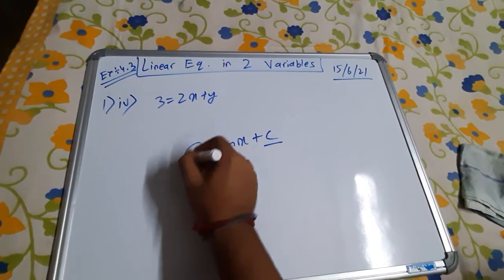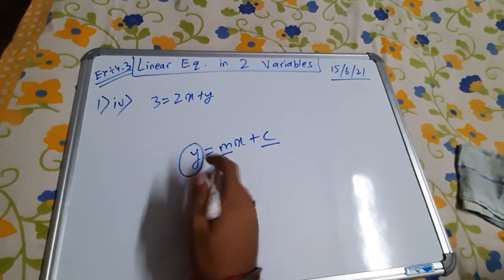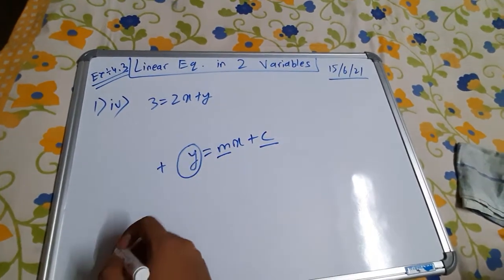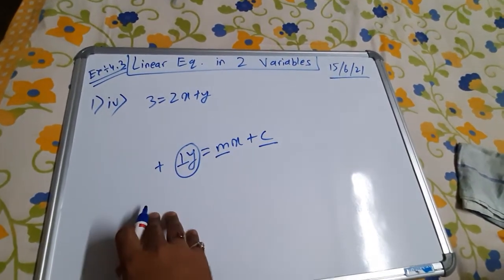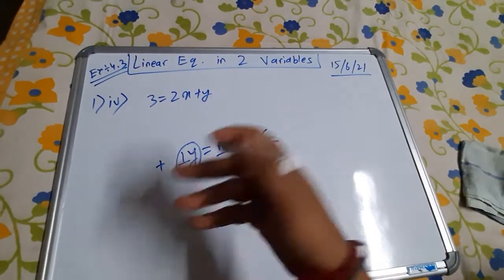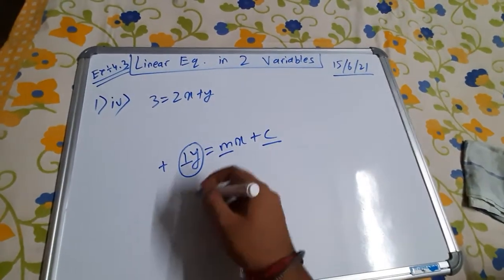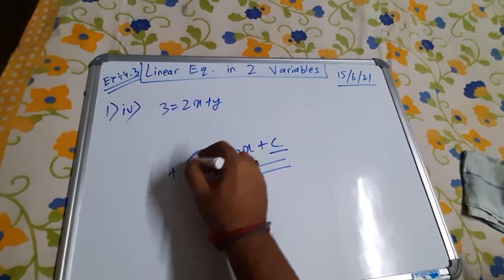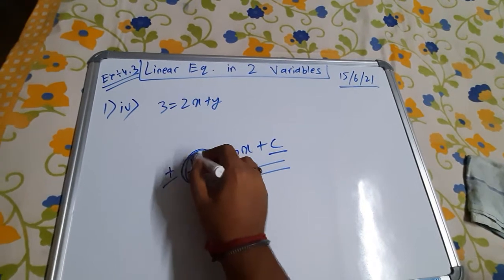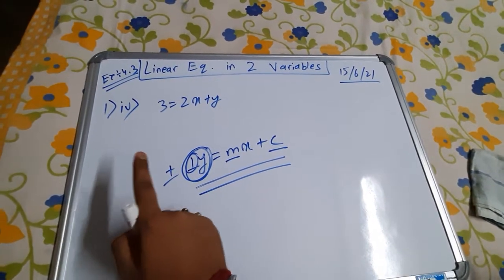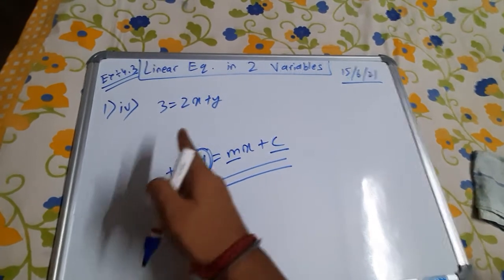You can see that y is completely separate from the other variables on just one side, and obviously the sign is positive and the coefficient is 1, okay. So for every equation in this chapter for which you want to plot a graph, you always have to convert that equation into this form. That is, you have to make y completely alone with a positive sign and with a coefficient of 1, okay. This is the first main important point for doing sums in this exercise.